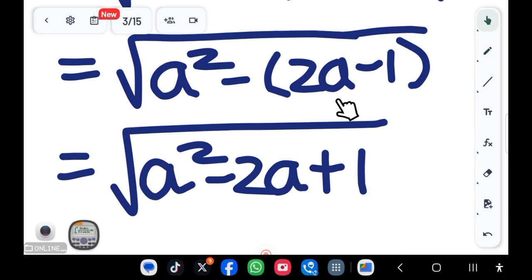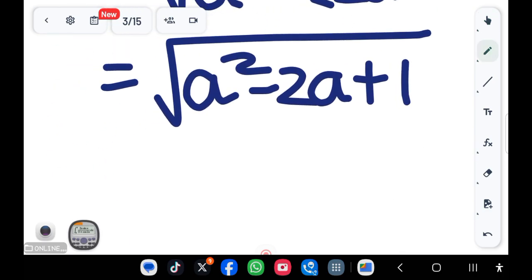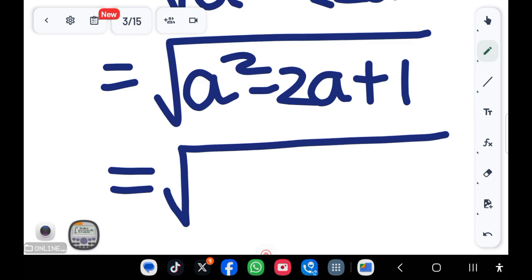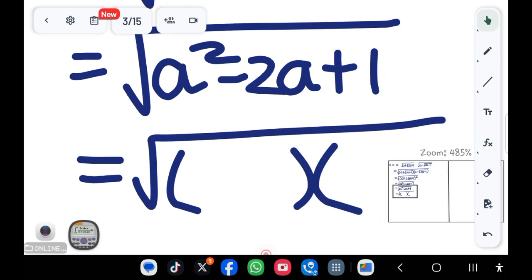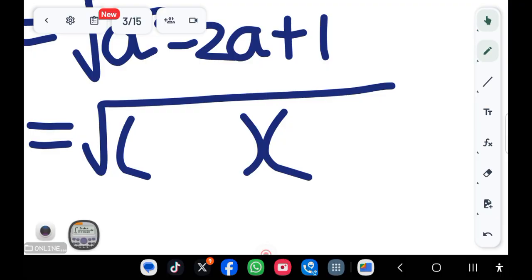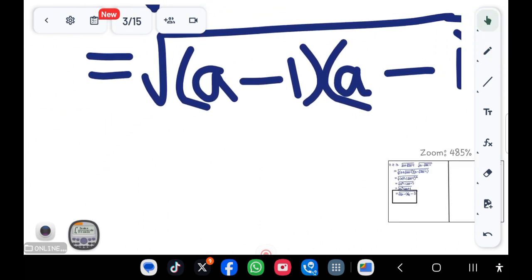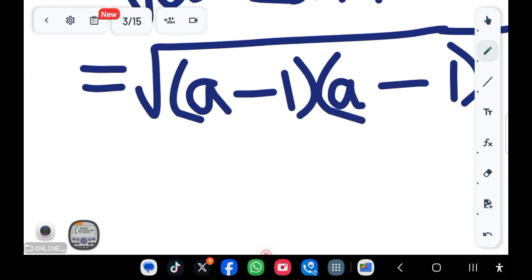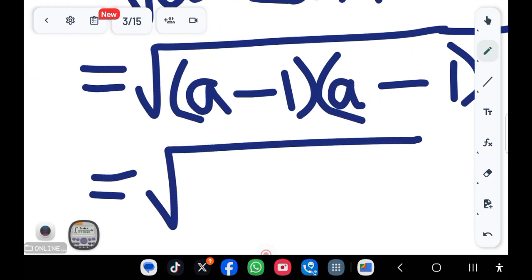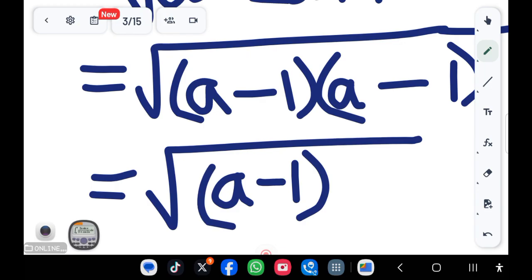Please make sure that you treat your integers very, very well. And when we factorize this, it gives us a set of two brackets, a and a, 1 and 1, and they give you negative 1, which is basically (a minus 1) all squared. So that is equal to the square root of (a minus 1) all squared.